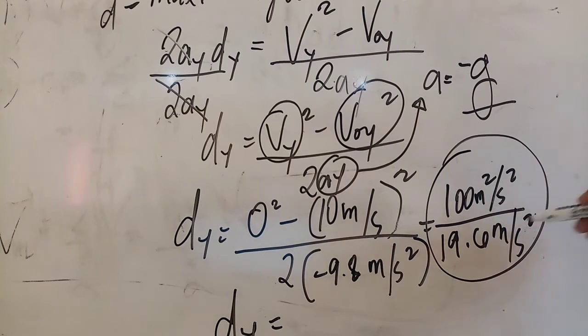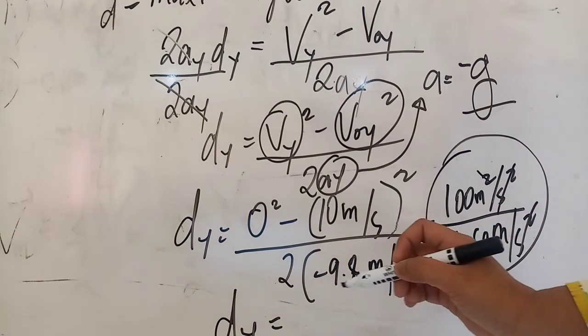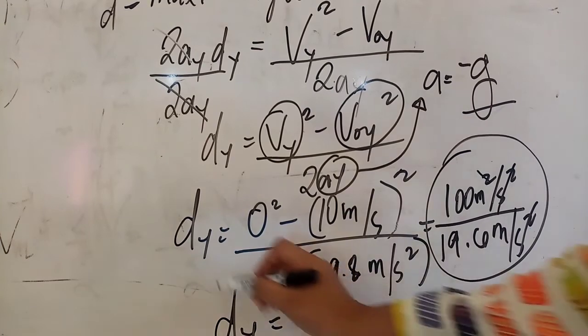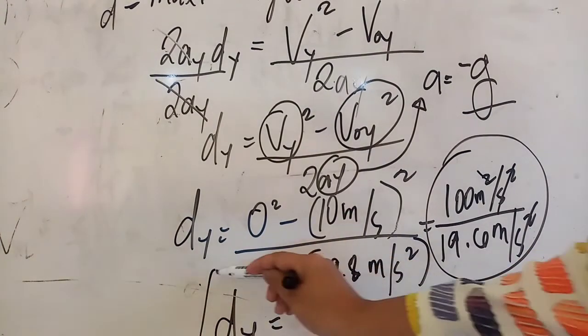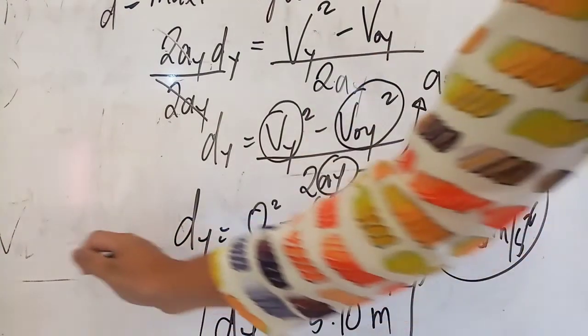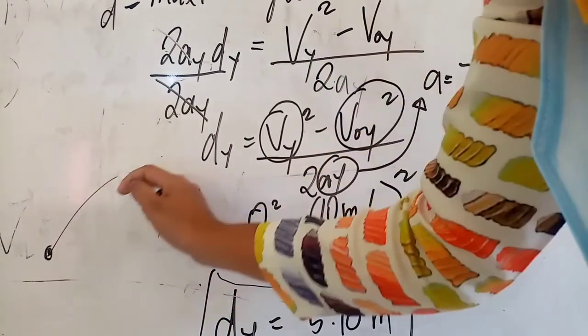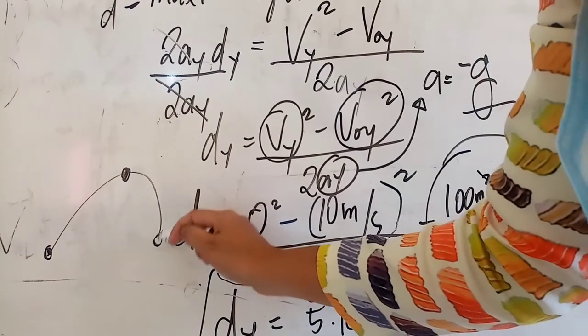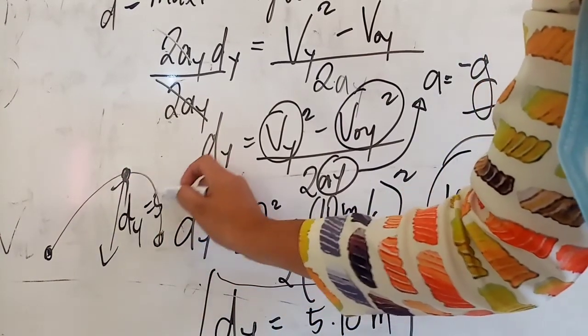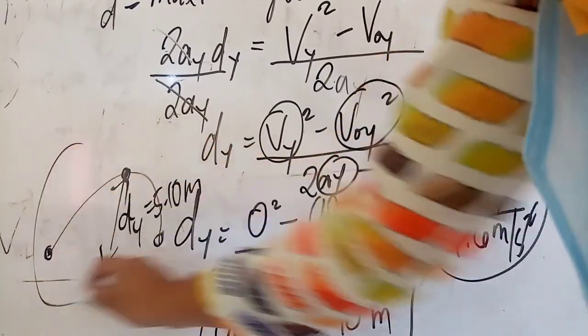Manipulating this, we are left with 100 divided by 19.6, which is 5.10 meters. Hence, the maximum height that the ball reaches from the initial position to the final position is equal to 5.10 meters.